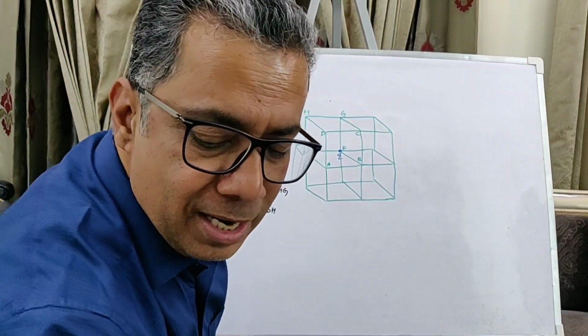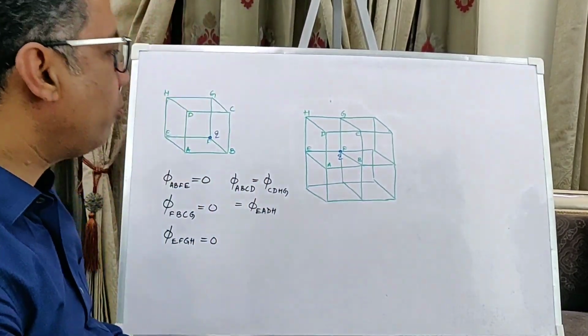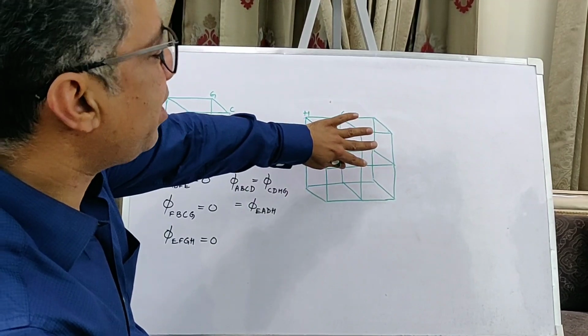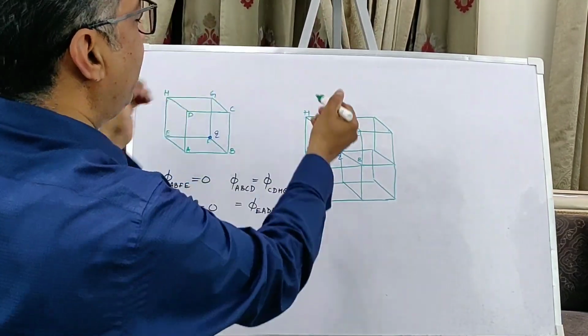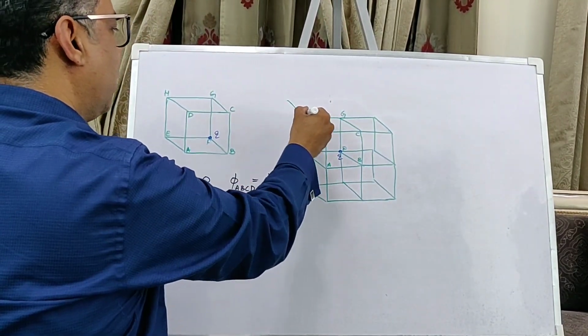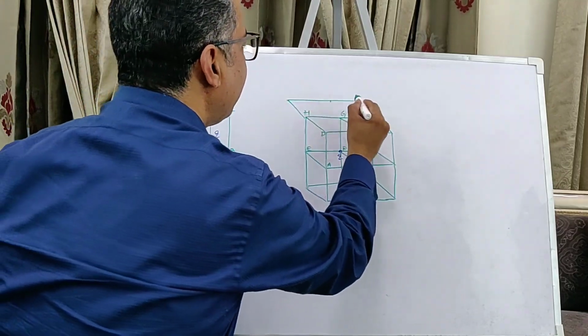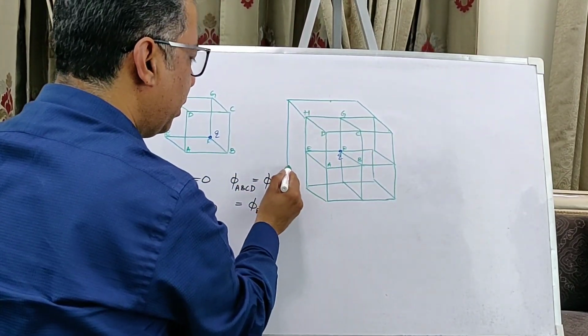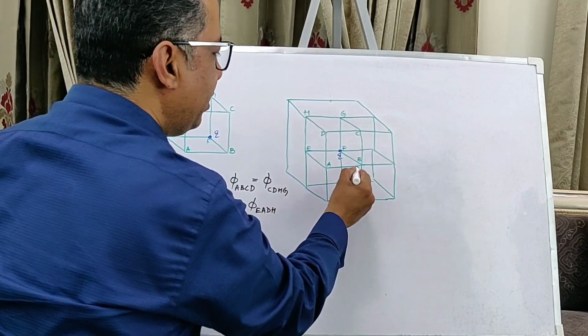The job is not done yet. What we will also need to do now is construct 4 such identical cubes behind these cubes. So we are constructing 4 more cubes right behind these cubes.